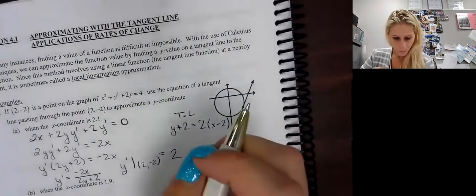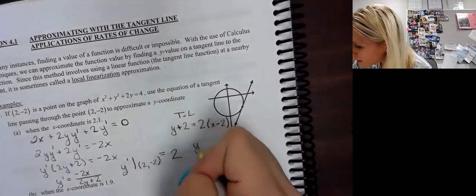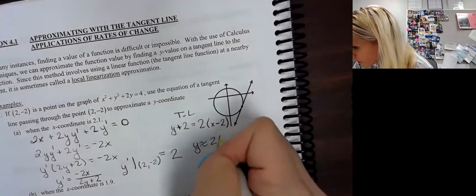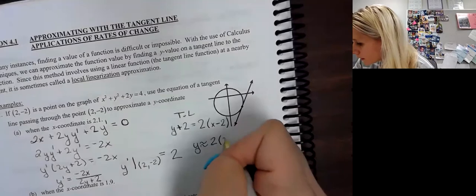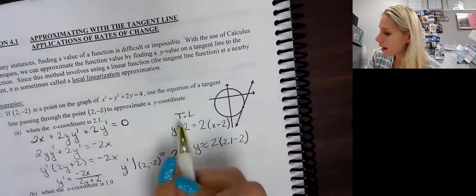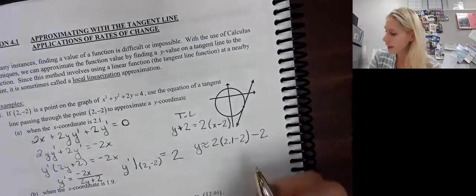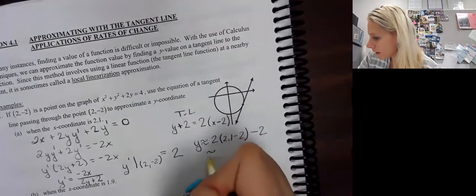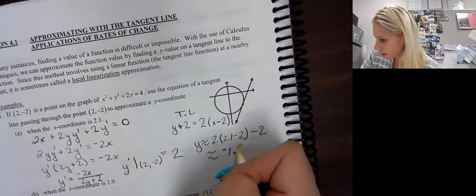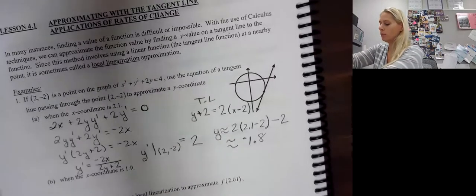So when I actually do all this, I can approximate. Now I'm going to move everything over here. So we get 2 times (2.1 minus 2), and by the way, I'm moving the 2 over to minus 2. Now we can do all of that on our calculator, and it approximately is negative 1.8. And we're done. Okay, so that's the approximation.